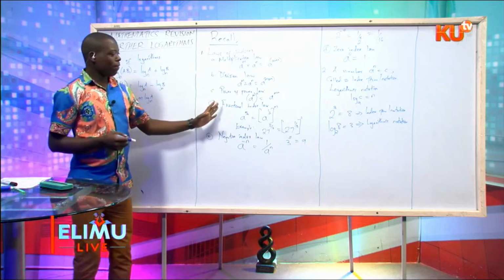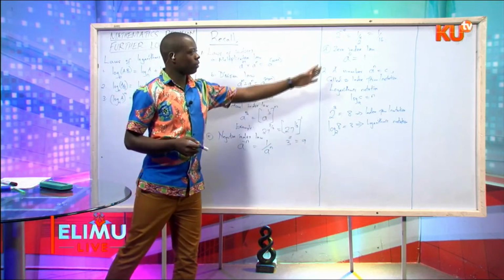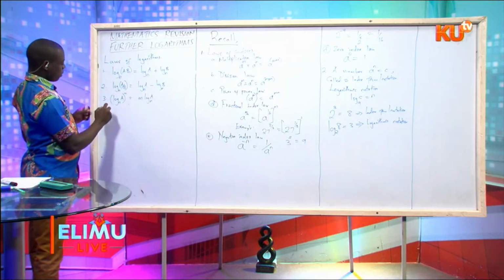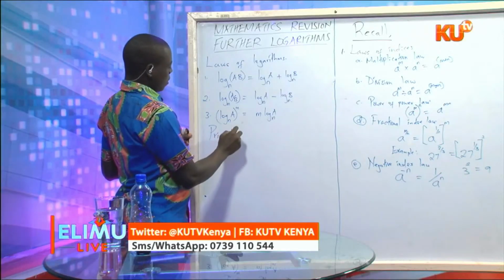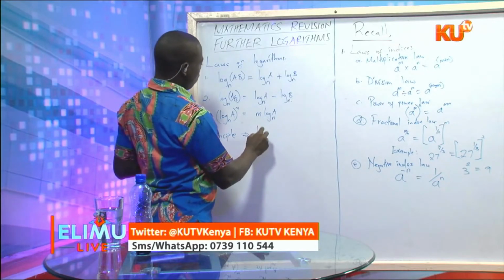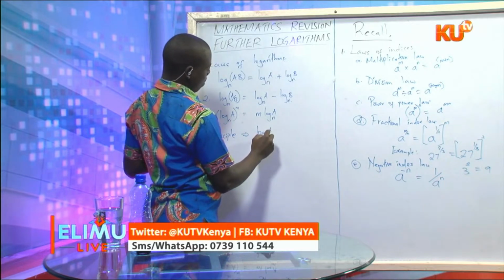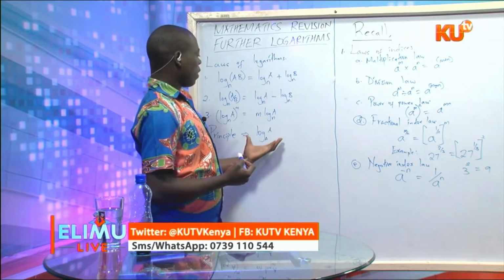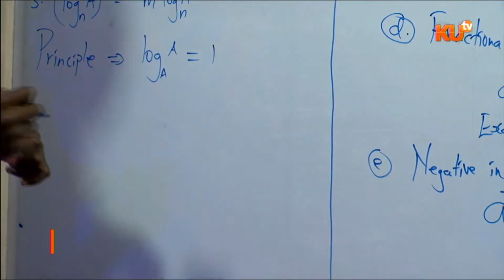Now, we don't have any fractional law in logarithms. We don't have the negative law in logarithms, but the zero index law gives us a principle that we have in logarithms. The logarithm of a number a to the base a, when you have the log of a number to the same base, gives us 1.